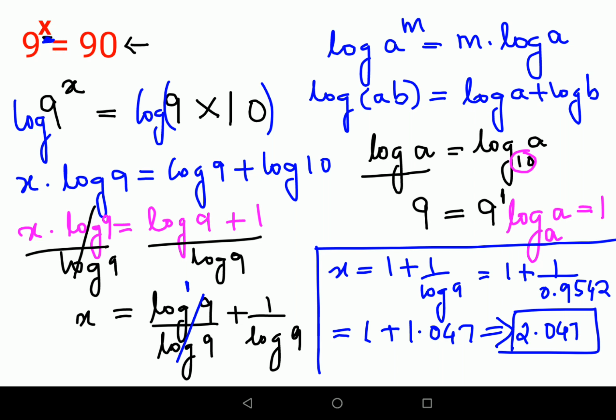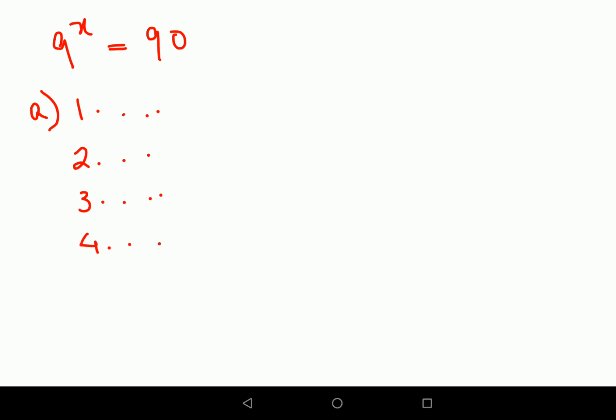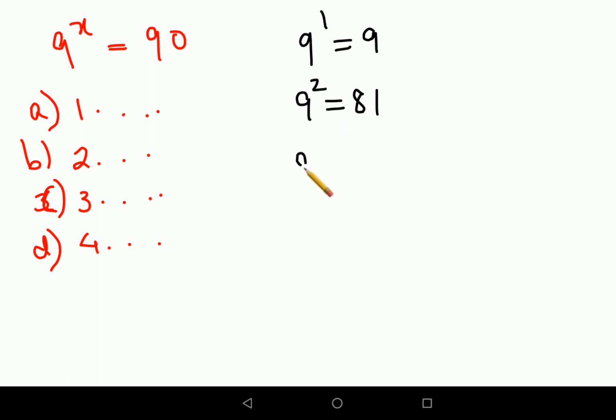Now students, if they had given you the same question and they had not given you the log book, and if there were options given, 1 point some value, 2 point some value, 3 point some value, and 4 point some value, then in this case you need to remember that 9 raised to 1 gets you 9, 9 raised to 2 gets you 81, and 9 raised to 3 gets you 729.